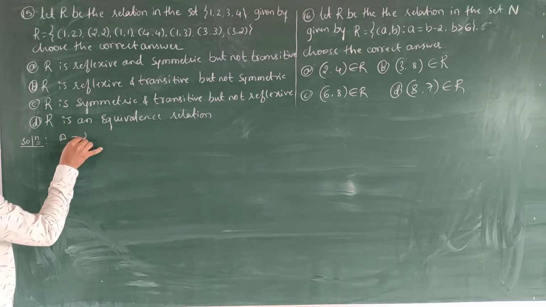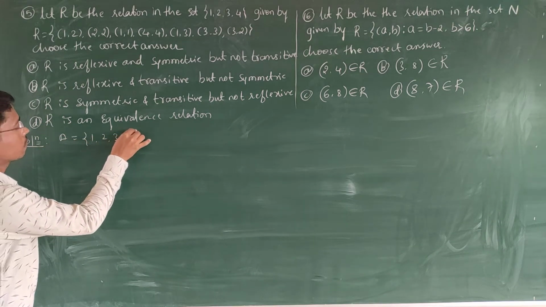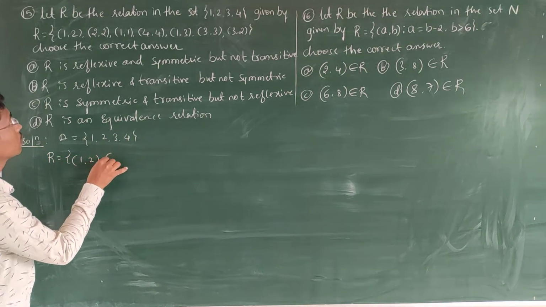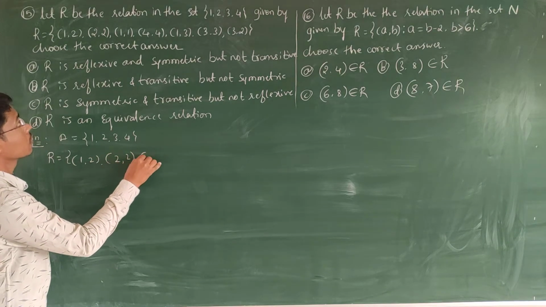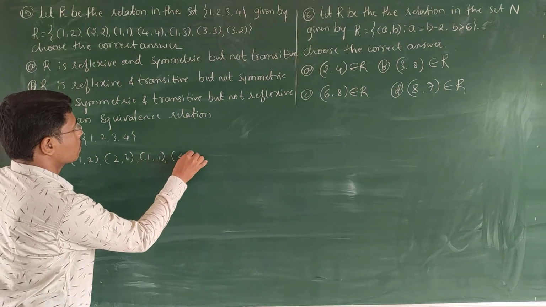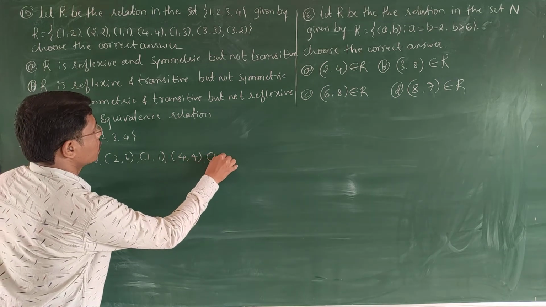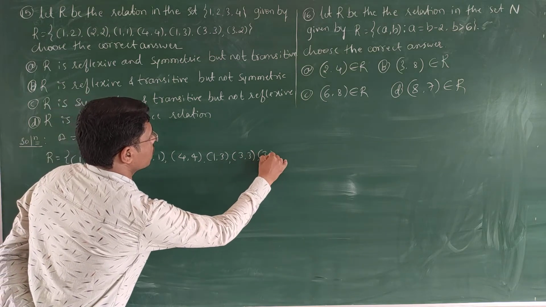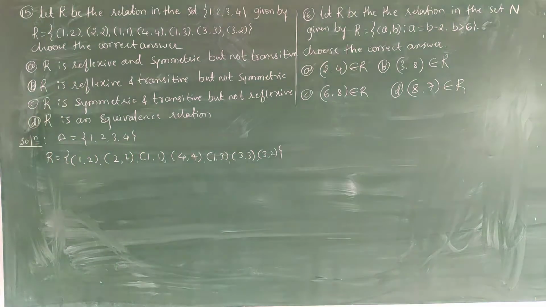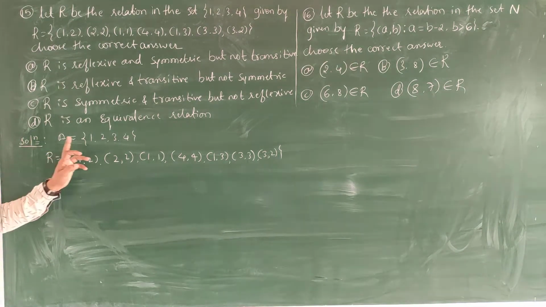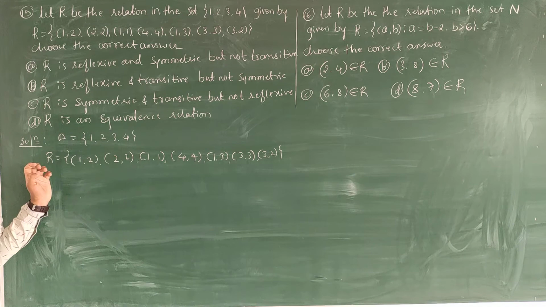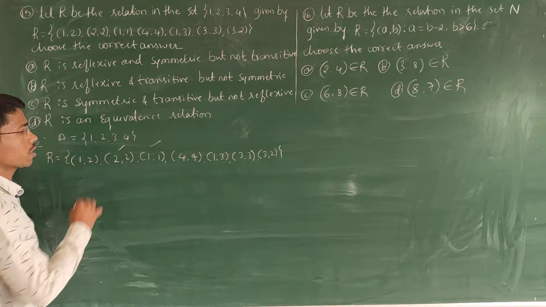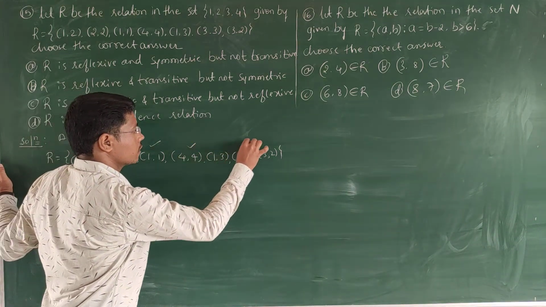Set is A equal to {1, 2, 3, 4} and the relation is R equal to {(1, 2), (2, 2), (1, 1), (4, 4), (1, 3), (3, 3), (3, 2)}. Okay. So for the reflexivity, (1, 1), (2, 2), (3, 3), (4, 4) should belong to R. So check: (1, 1) belongs to R, (2, 2) is also there, (4, 4) is there, (3, 3) is there.